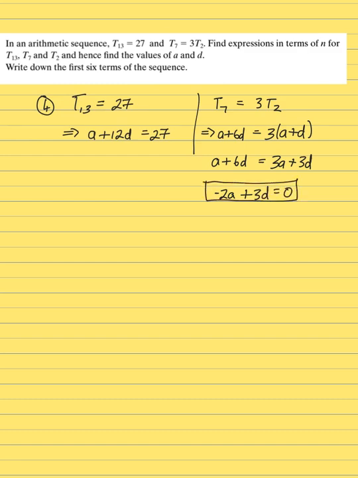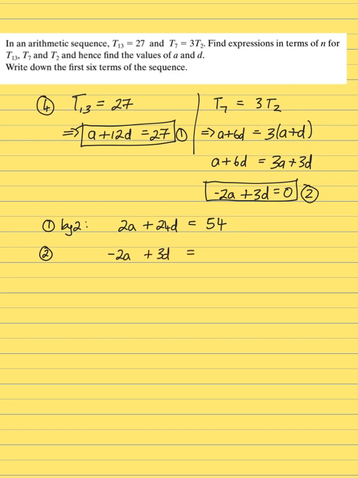We now have 2 equations and 2 unknowns, so we solve them simultaneously. There's our first equation and our second equation. So if we take our first equation and multiply it by 2, we'll get 2a plus 24d equals 54. And we just leave our second equation as it is: minus 2a plus 3d equals 0.